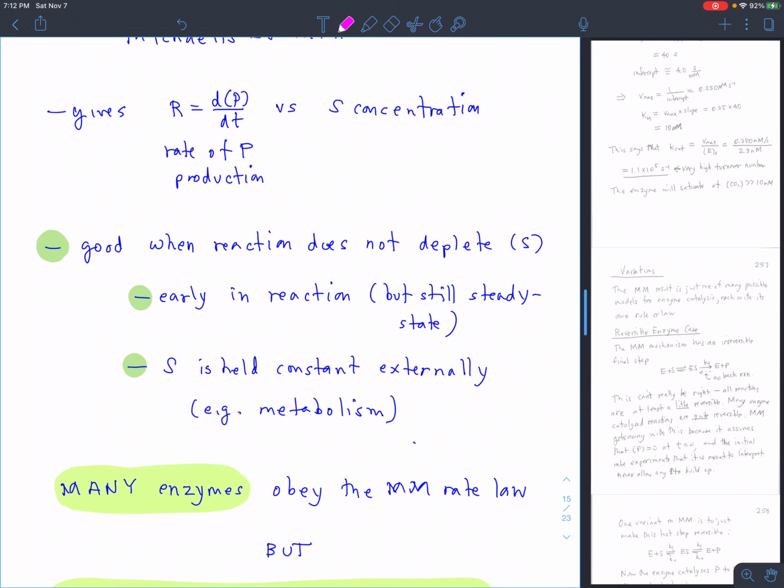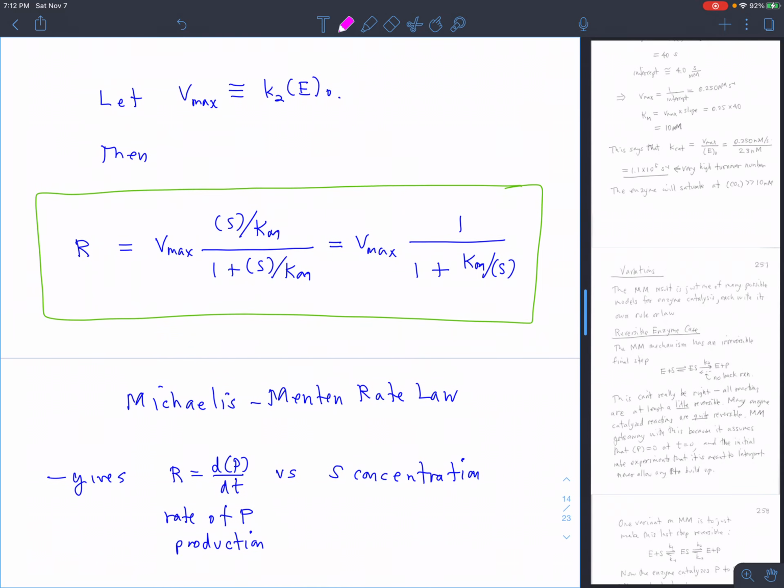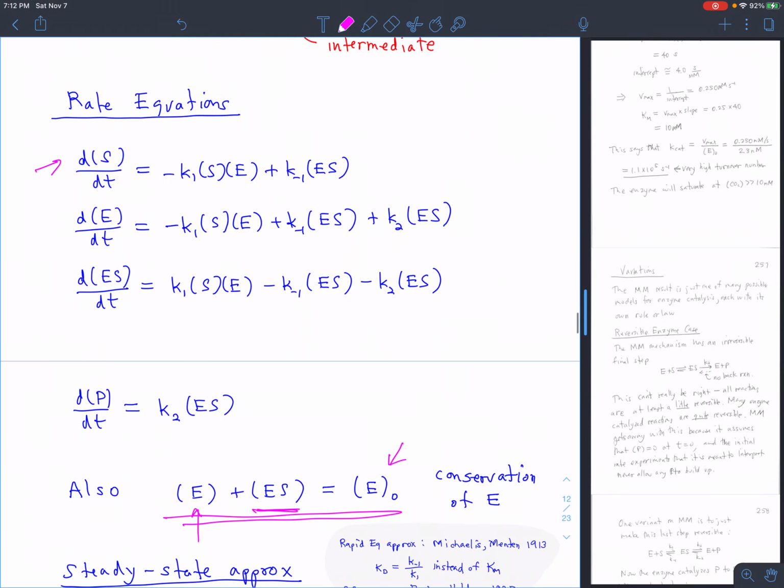First of all, from the way we've done this derivation, we ignored two of our rate equations up here, right? We only used this one and this one. We ignored these first two because they deal with S, and we are going to assume that the S concentration isn't changing.